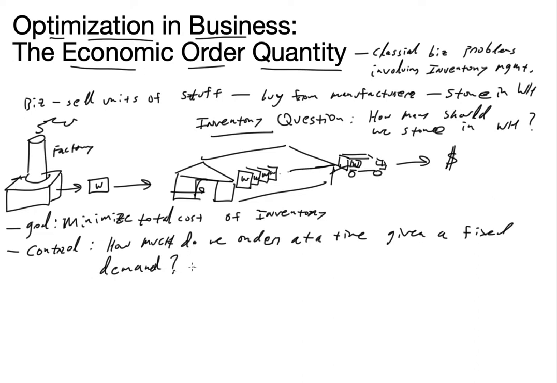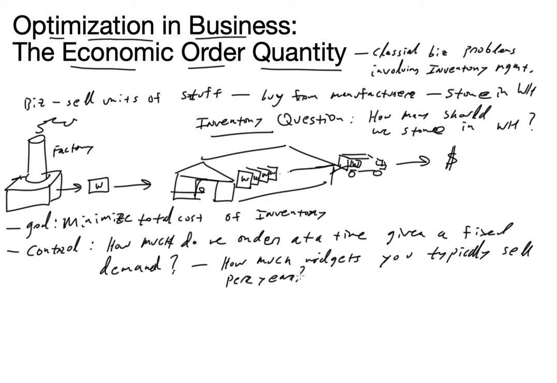Okay, so demand is basically how many widgets you typically sell. And you could do that per year or per whatever period of time, whatever amount of time that you're interested in studying over.